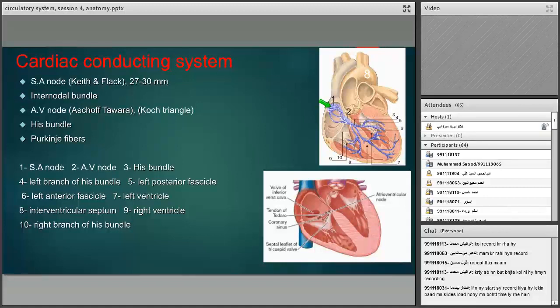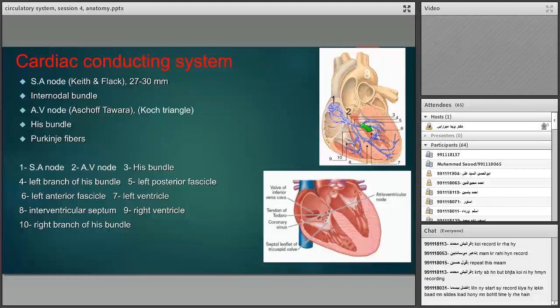After that, through these internodal bundles, this conduction will reach the AV node and will contract the atriums, right and left atrium. But the ventricles are relaxed.